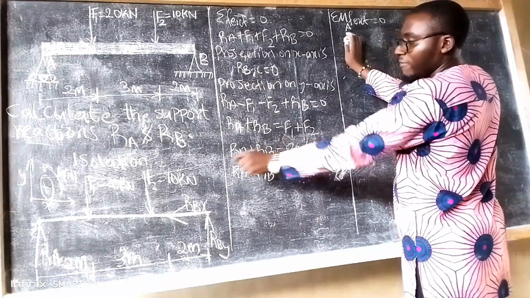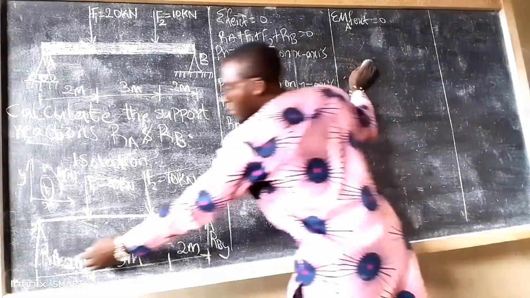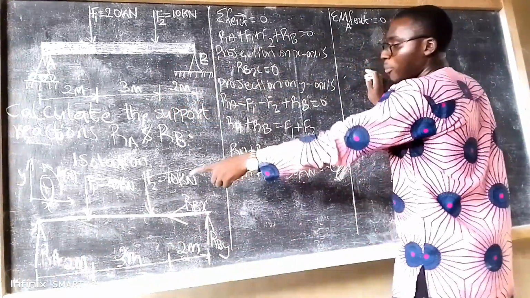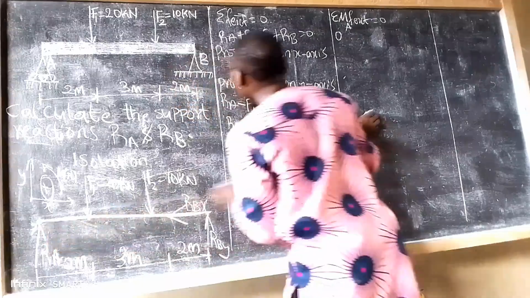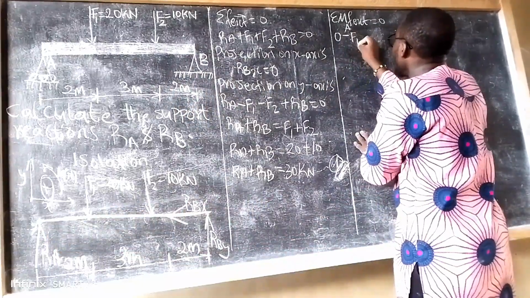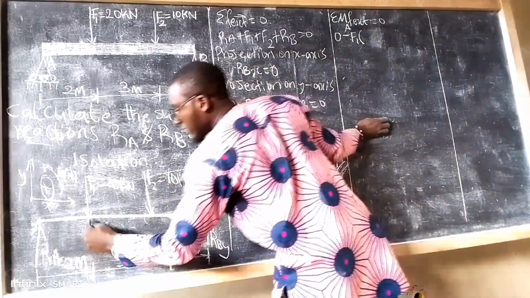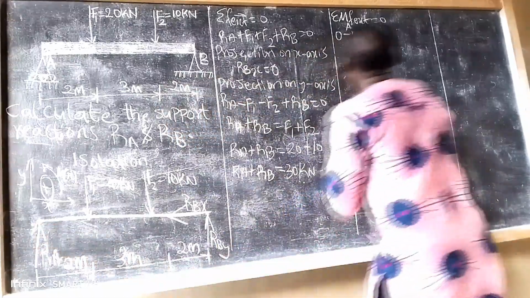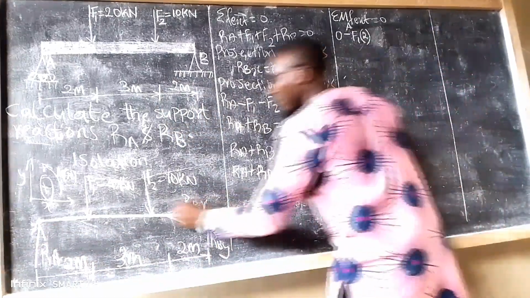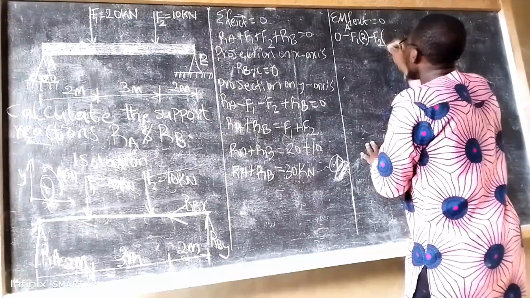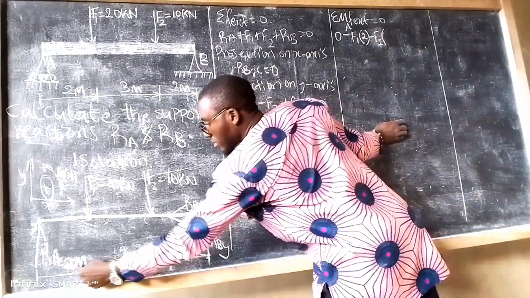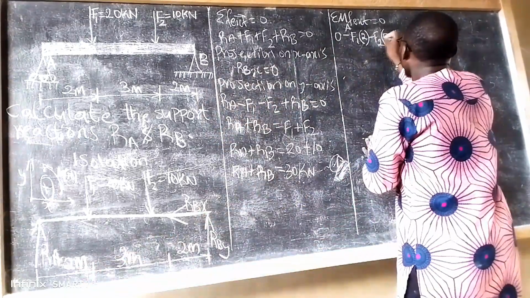The moment of my RA about point A is 0. The moment of F1 about point A is negative F1 into the perpendicular distance from F1 to RA, which is 2 meters. The moment of F2 about point A is negative F2 into 3 plus 2, 5.